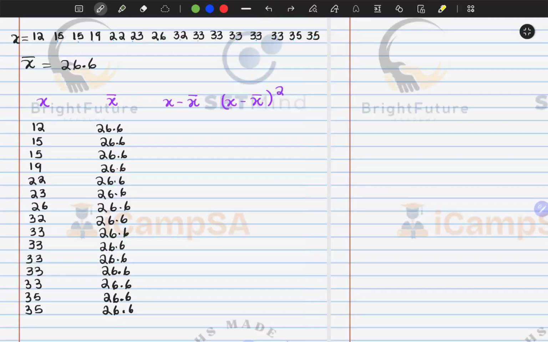Essentially it's going to be 12 minus 26.6, and if you observe the answer, it's going to be negative 14.6. Then we do the next one, which is 15 minus 26.6, and that is going to be negative 11.6, and this carries on down. So I'll populate this.